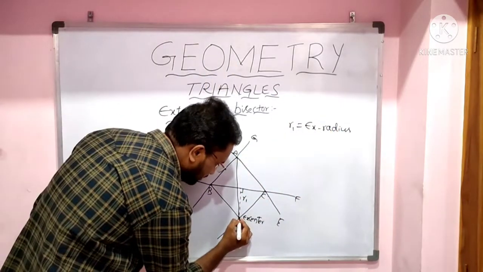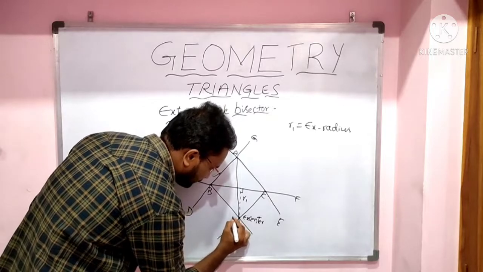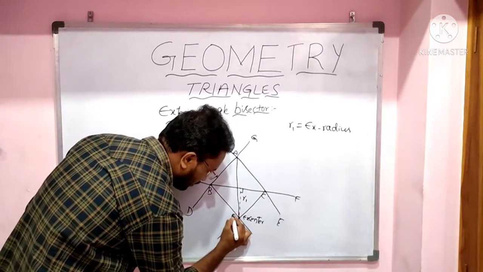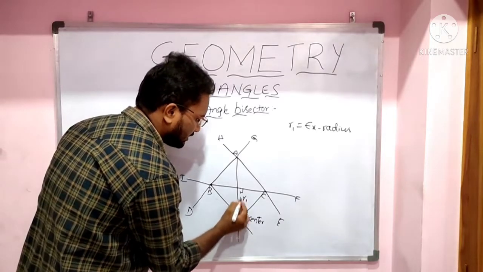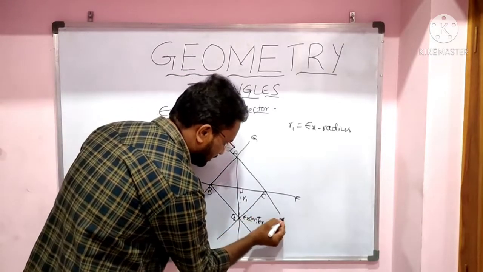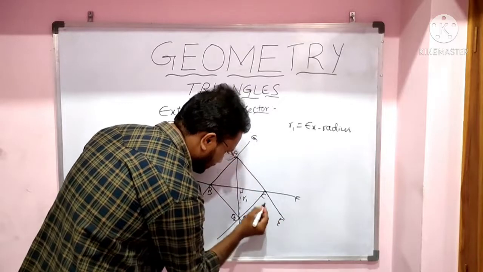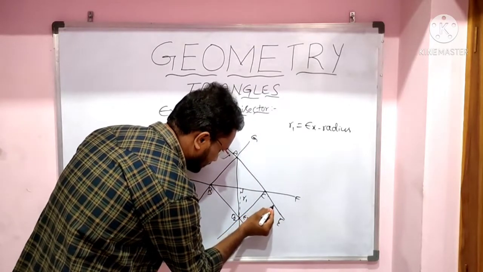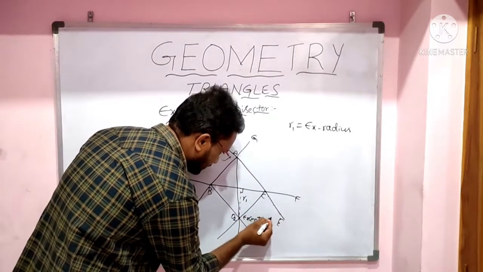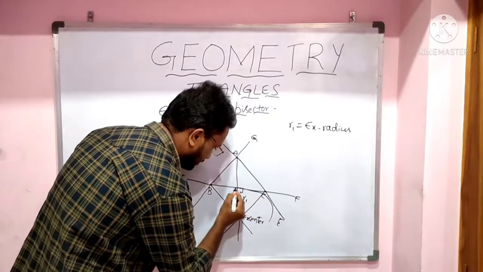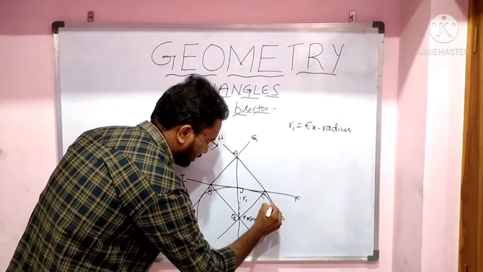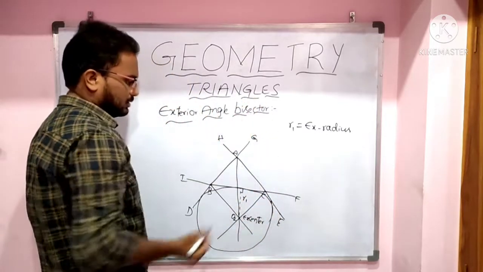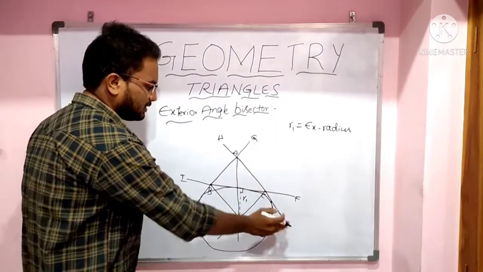If we take this, let us say O2, as the center and R1 as the radius, if we draw a circle, then the circle touches all the sides of this triangle. The circle is like this. It touches the exterior sides of the triangle.